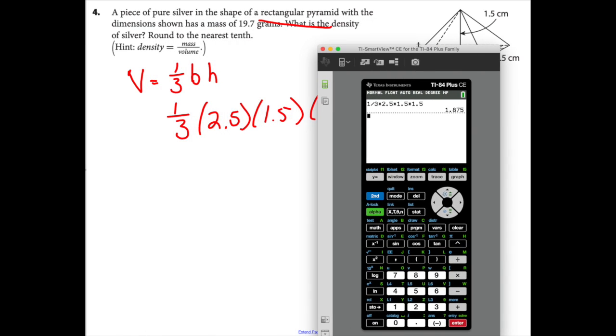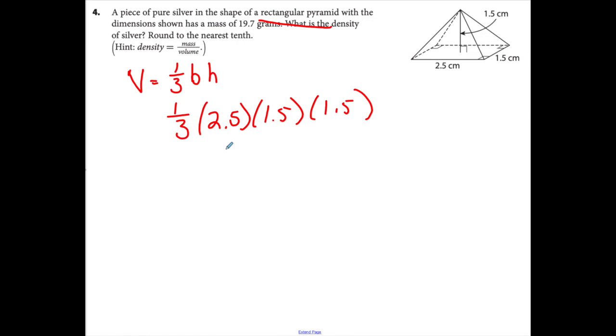And I get 1.875. Now, let's be very careful of our units. Centimeters cubed, because remember, whenever you're doing volume, you need to have cubic units. So units cubed, meters cubed, centimeters cubed, whatever it is, cubed.